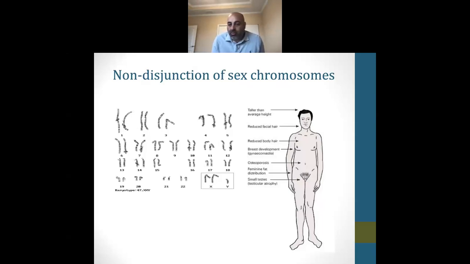What is the biggest factor for non-disjunction in general, not only of sex chromosomes, but autosomes? What's the biggest factor? What do you think is going to affect the splitting of the chromosomes during meiosis?